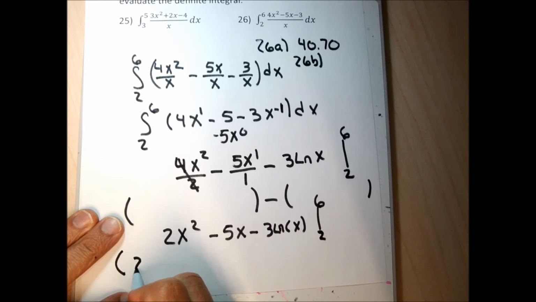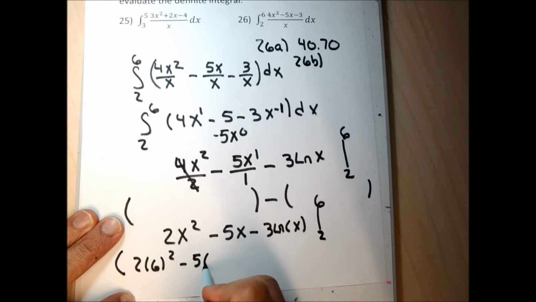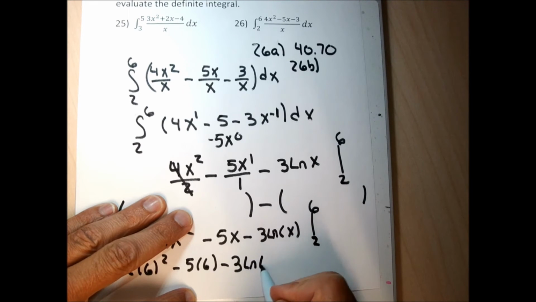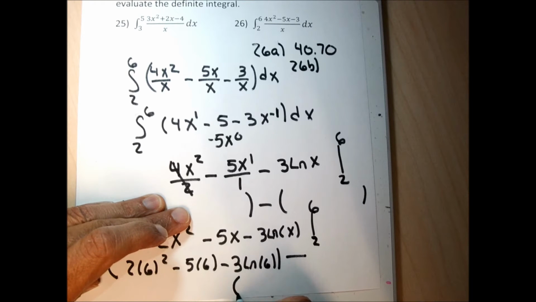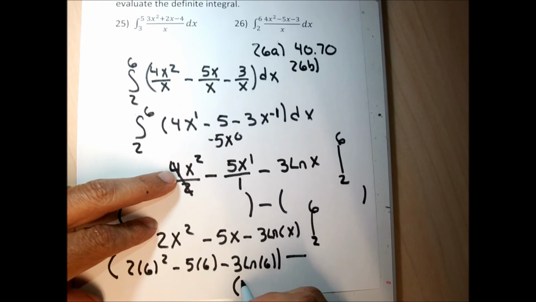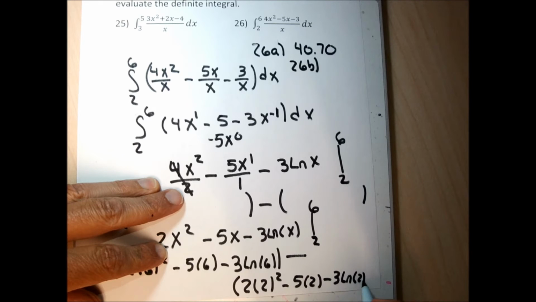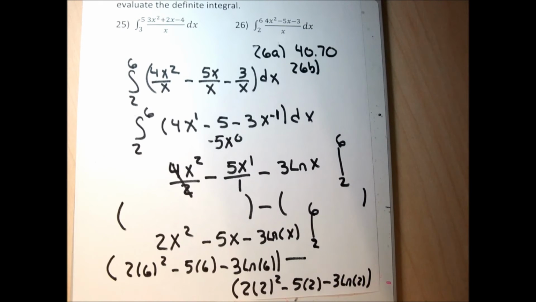So the first one's going to be 2 times 6 squared minus 5 times 6 minus 3 times the natural log of 6, and then minus, and I'll shoot it down a little bit lower because I won't fit it, 2 times 2 squared minus 5 times 2 minus 3 times the natural log of 2. Those are my two parentheses.